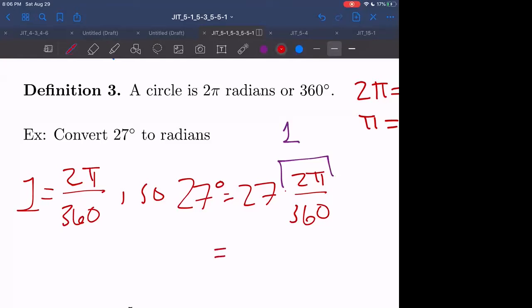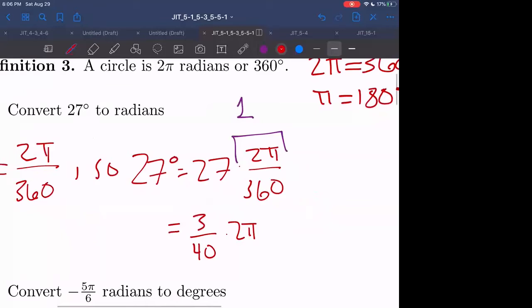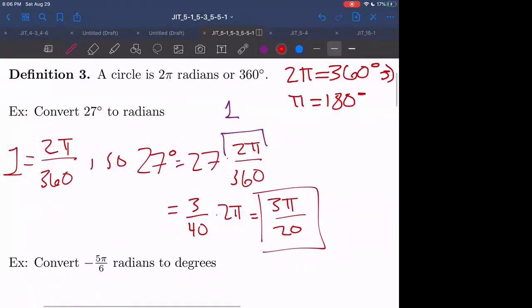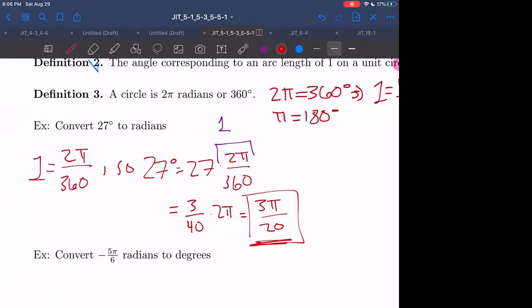We can simplify it some and get 3 over 40 times 2 pi, and simplifying once more, we get 3 pi over 20. So that's what 27 degrees is in radians.